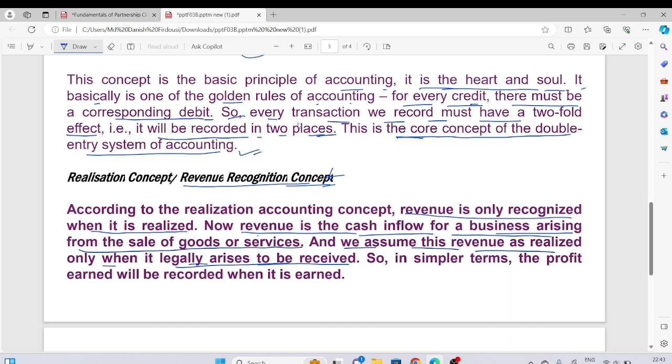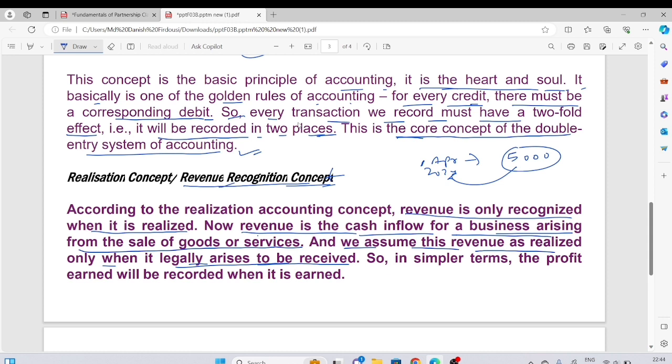What does this realization concept say? A businessman sold goods on 1st April 2024. He is selling goods of rupees 5,000, but still he has not received the payment because he is selling the goods on credit.